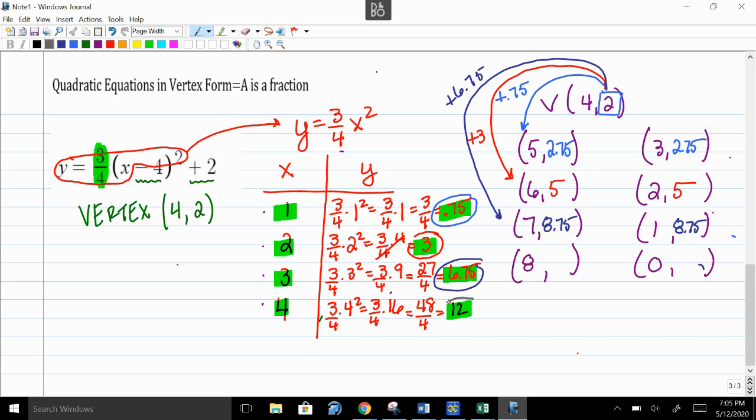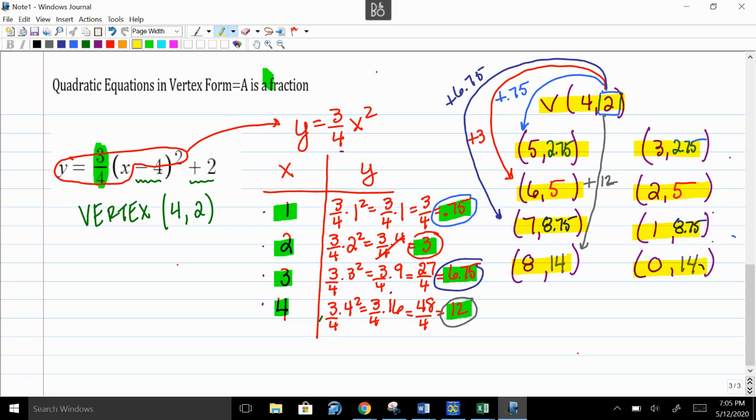You're going to go up 12. So from that 2, you're going to go up by 12. So 2 plus 12, that gives me 14 here. So you're going to have 14 over there. So your end ordered pairs, you got your vertex, which is 4, 2. You got the one side of your parabola, and then you got the other side of your parabola.